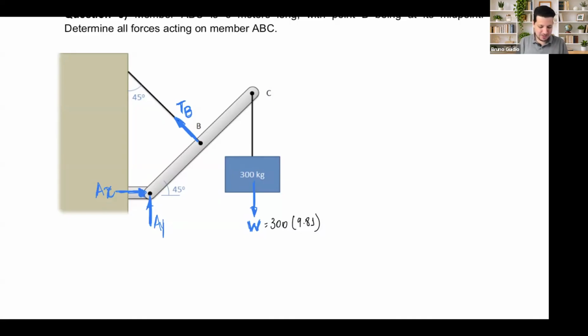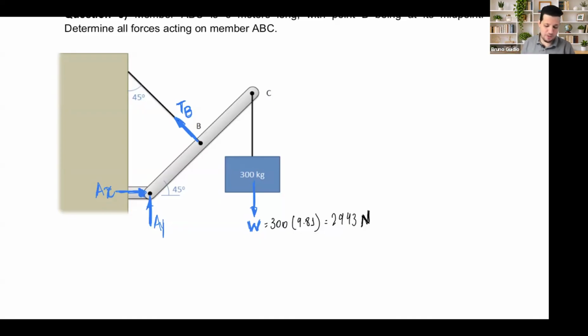So 300 times 9.81 is going to be 2,943 newtons. But Bruno, I used kilograms and I got everything right. Yeah, I understand, but it should be newtons. I discount a few points, 1 point, 2 points, I don't know, but it should be newtons. Tension in newtons. For the midterm, for this one, if you got something in kilograms, please change it to newtons.